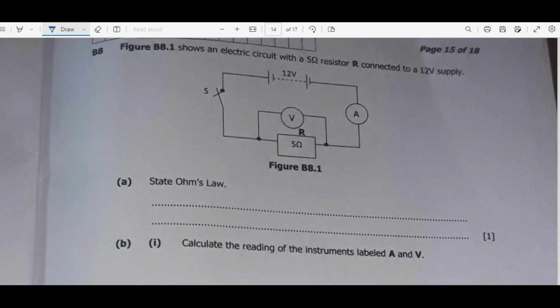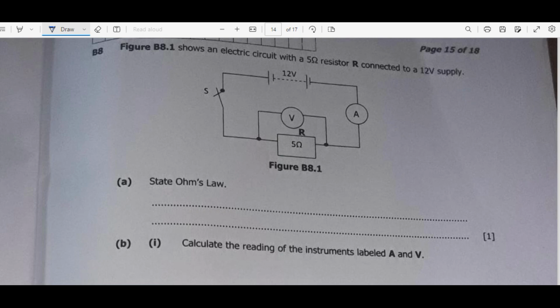Number 8, figure B8.1 shows an electric circuit with a 5 ohms resistor R connected to a 12 volts supply. Okay, so the first one, state Ohm's law.